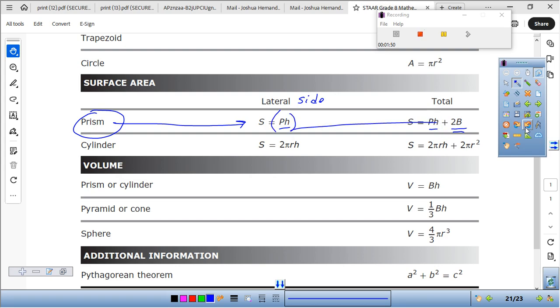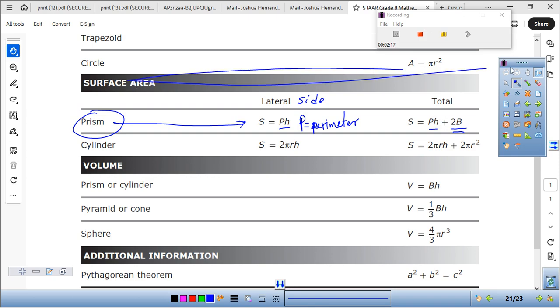Now what that means, please don't forget this: P means to get your perimeter, which goes back to elementary where you add up the distance around, times your h, your height. The height is the distance from one base to the other base. They're pretty easy after a while, but you do have to take time to figure out how to use the numbers to your advantage.